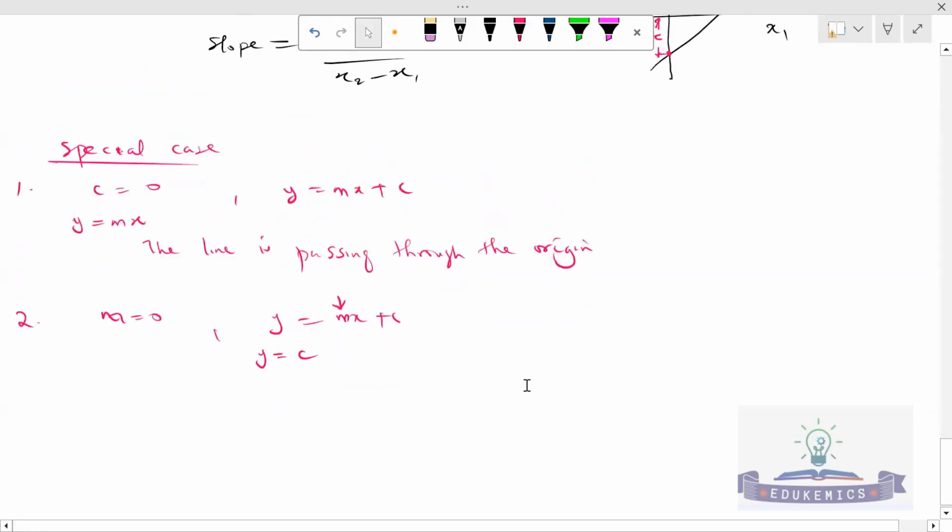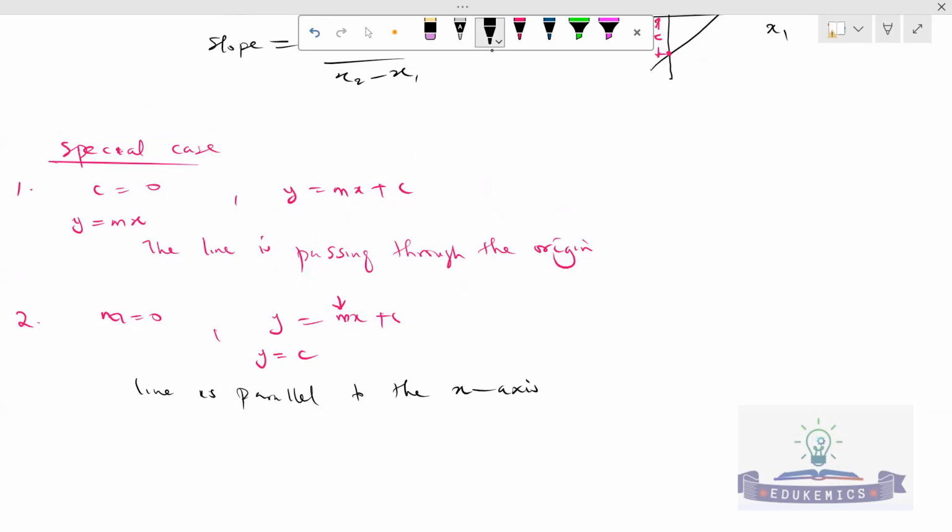And what that means is that we will have a line that is parallel to the x-axis, and it is cutting the y-axis at a distance c.